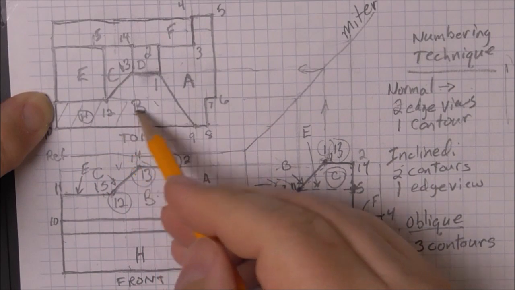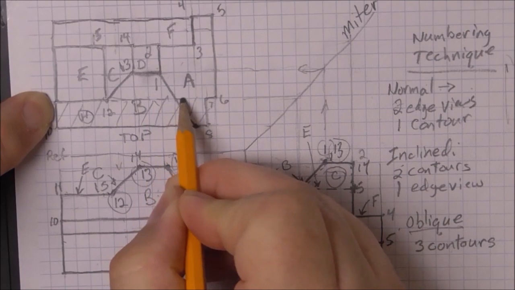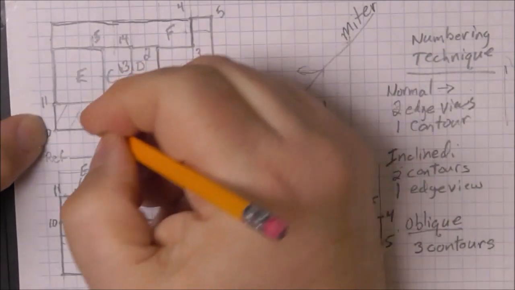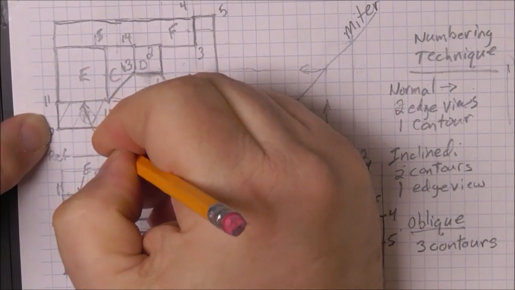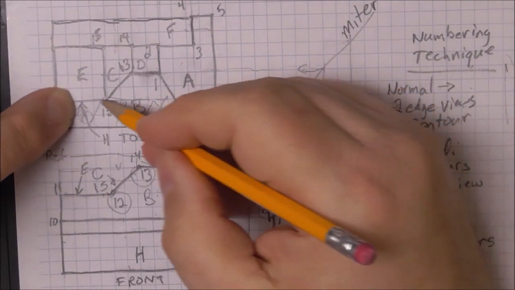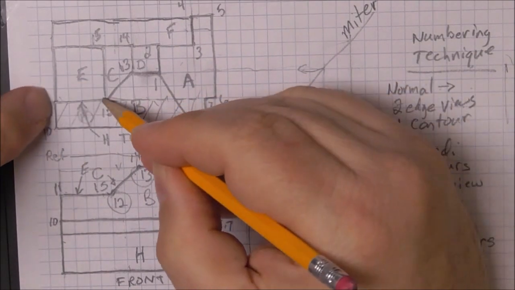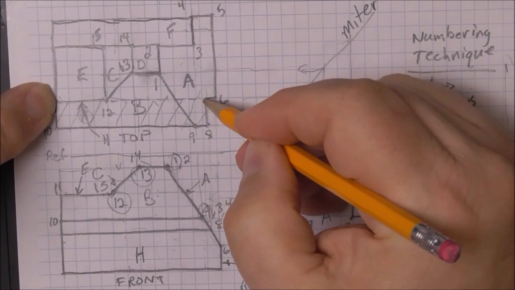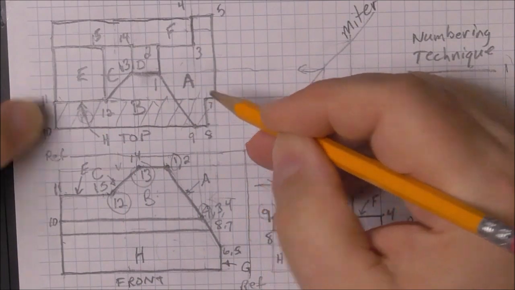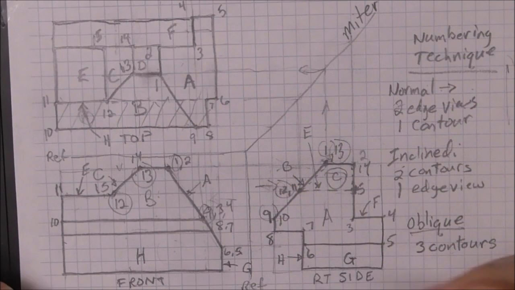I'm sorry, that's not H. This is H, this line. Part of it is visible, and part of it is hidden, underneath this object line, and it goes from here to there. That's H. It's a vertical plane, and a vertical line in the top view.